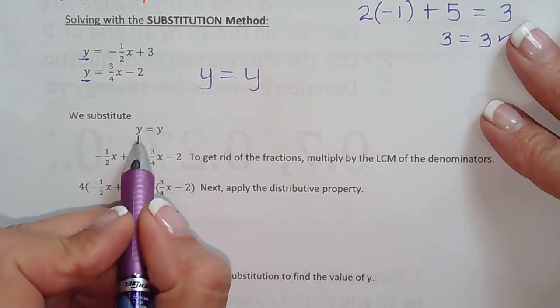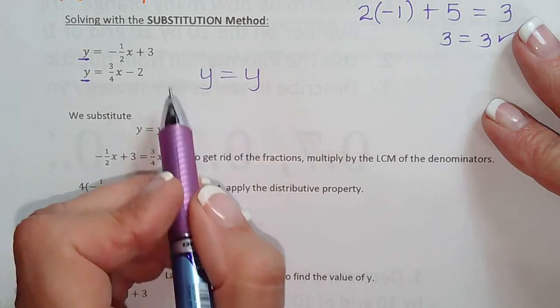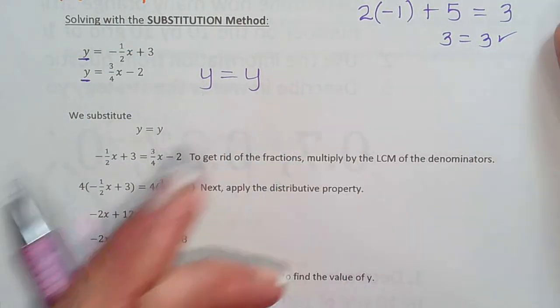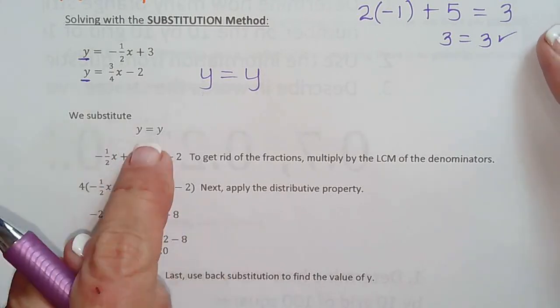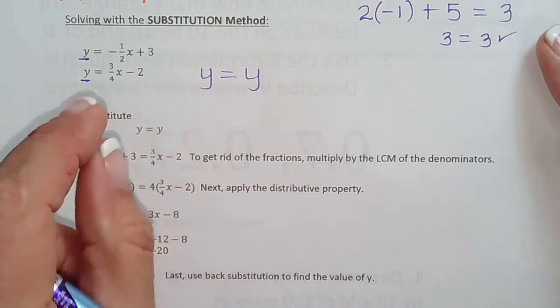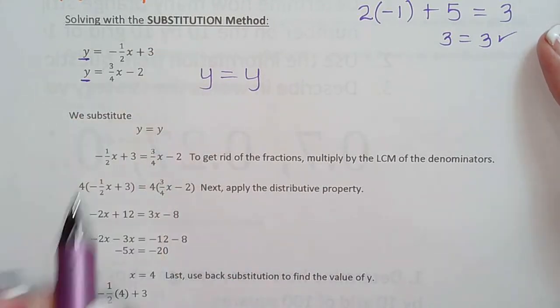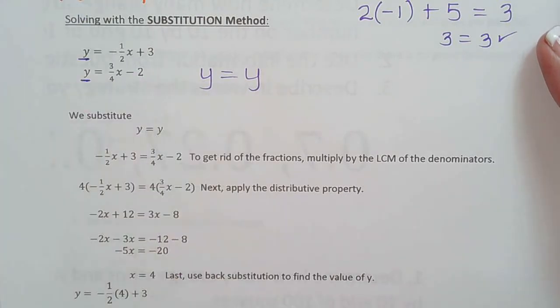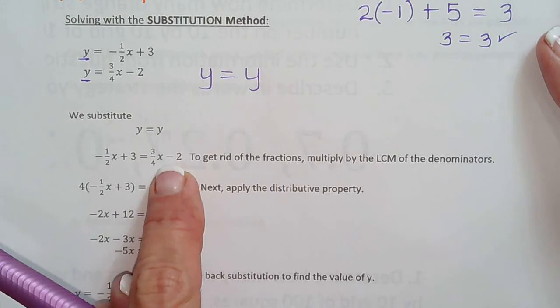So saying that you agree with that y equals y, x equals x, a equals a, you can take, and this is where it gets its name, substitution. You can take out this y and plug what it's equal to in, and then you can take out this y, plug what it's equal to in.